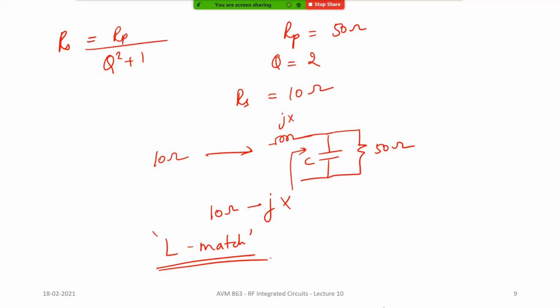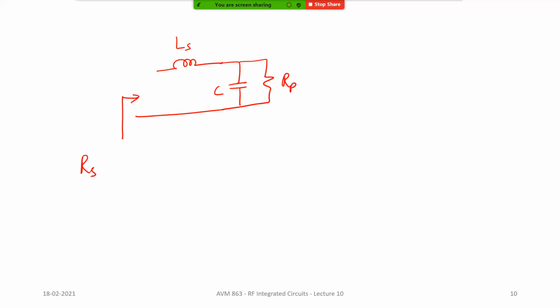So for an L match, you can always write that the series resistance seen here is nothing but Rp divided by Q squared plus 1. Let me write it in a more generic way. A more generic way of doing it is to say Ls, and you have C and Rp. Now looking from here, Rs is nothing but Rp divided by Q squared plus 1.